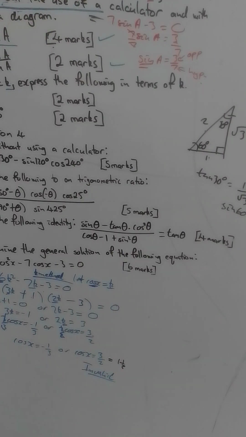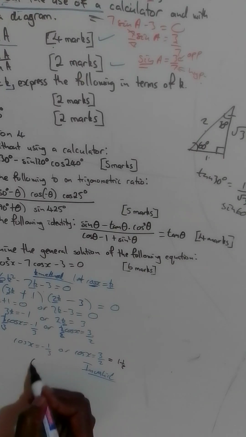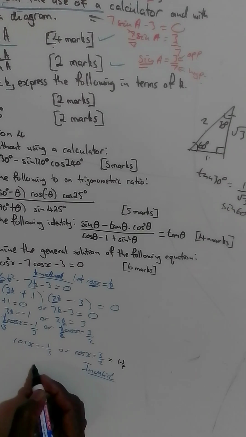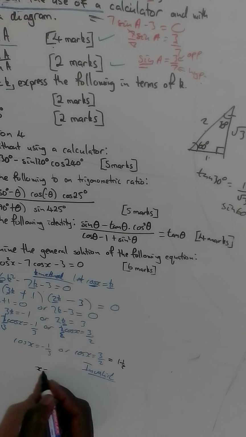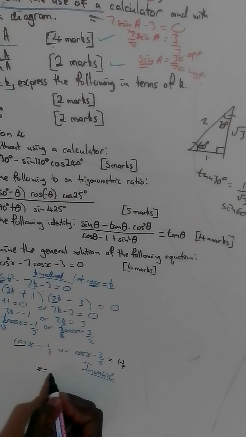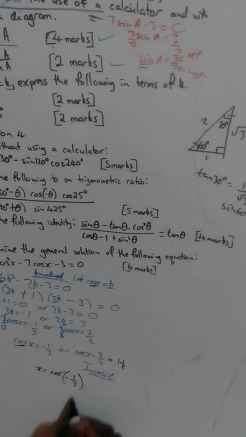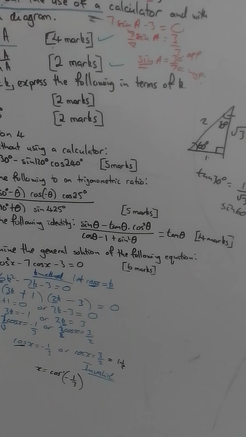All right. Now, what are we going to do? Now we're going to continue and say that we've got cos x is equal to negative a third. Now we say x is equal to, we transpose this cos, it becomes inverse cos, open bracket, negative 1 over 3. So we must go to the calculator and find this one. All right. Let me just pause the video to fetch my calculator. All right.